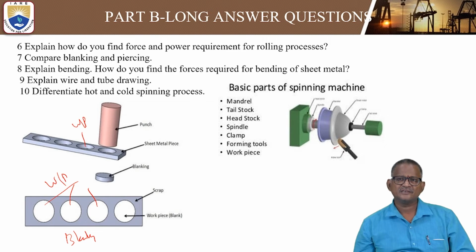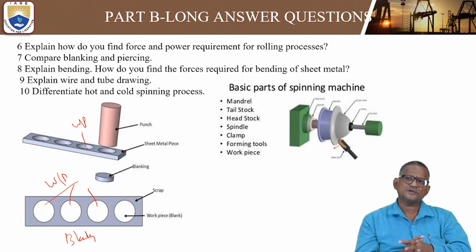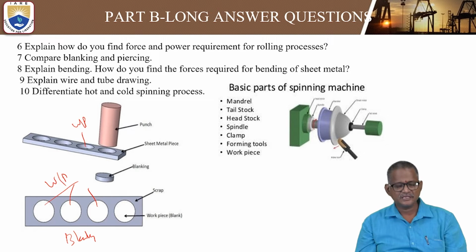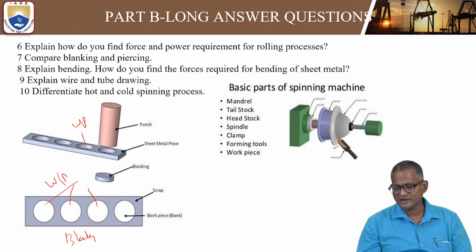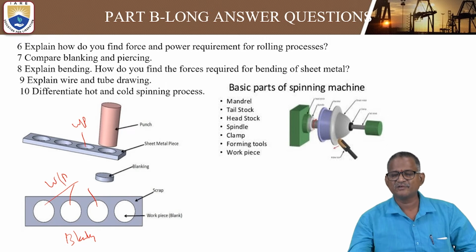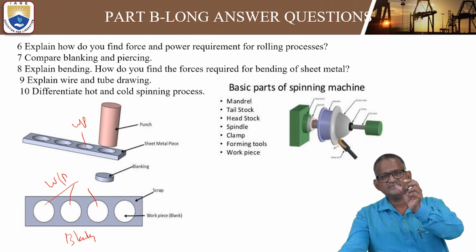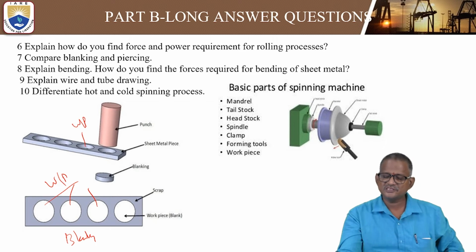Okay, and look at the spinning machine. Large bell-shaped components are made using the spinning machine. Here you can see the different components in the spinning machine. There will be a mandrel, tailstock, headstock, spindle, and clamp. These are the forming tool.